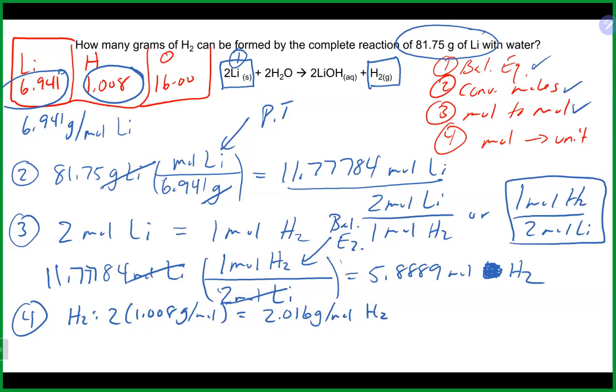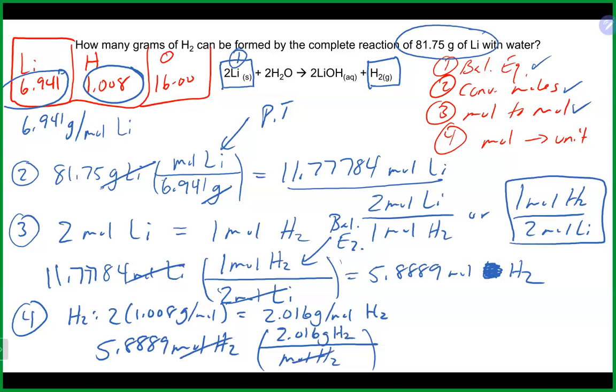Again, we're going to use that as a conversion factor to finish out the problem here, 5.8889 moles of H2. Here we want the moles to cancel, so we're going to put the moles of H2 on the bottom, the 2.016 grams up on top so that they cancel.